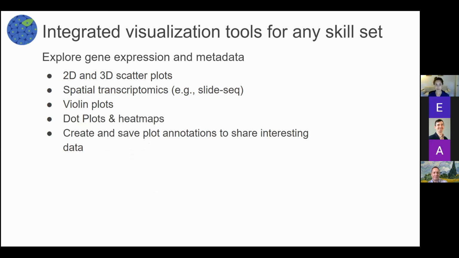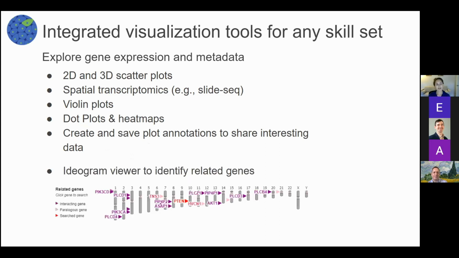There's also an option to create and save sort of annotations within the plots so that you can identify interesting subsets and share them. And finally, we have an ideogram viewer that helps you to search for an individual gene within a given study, and then quickly identify other genes that might be related to that gene, which might help you figure out your next target.